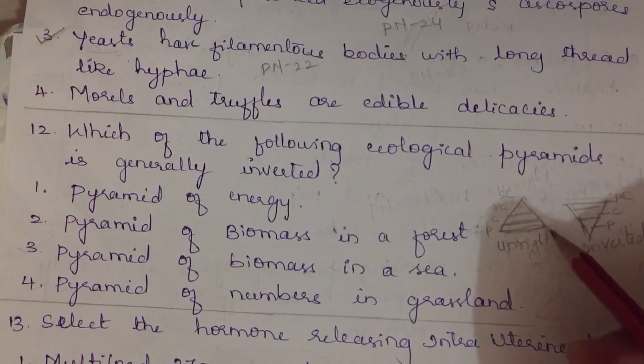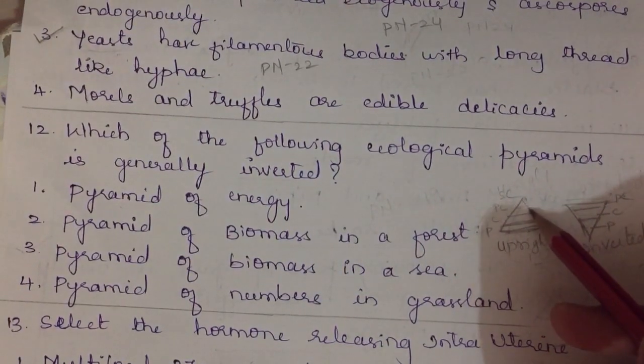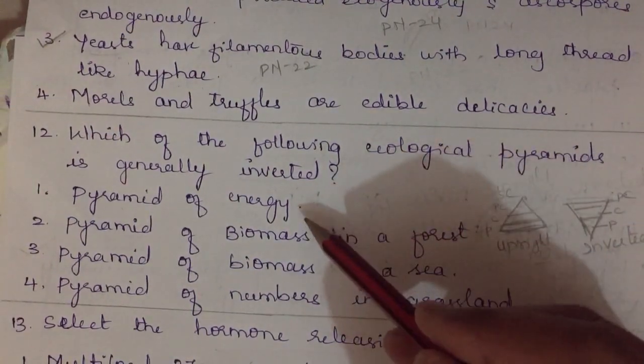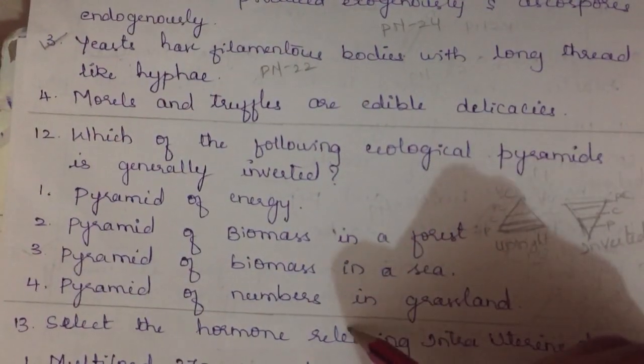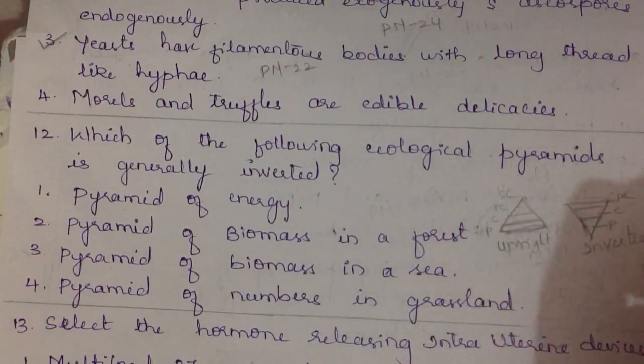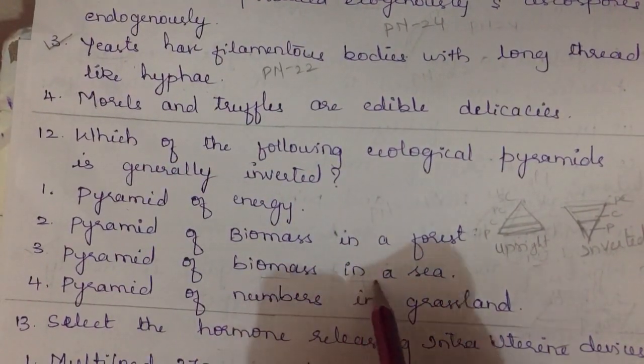Why? Because producers are more, then less than producers are consumers, less than consumers are primary consumers, less than primary consumers are secondary consumers. So that's why the pyramid of energy, pyramid of biomass, and pyramid of number in a terrestrial ecosystem will be upright. Whereas the pyramid of biomass in a sea will be inverted.